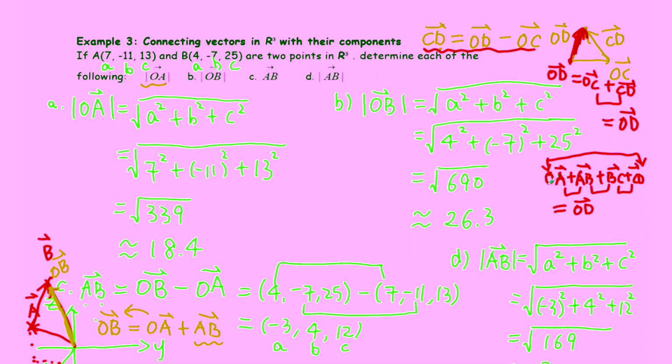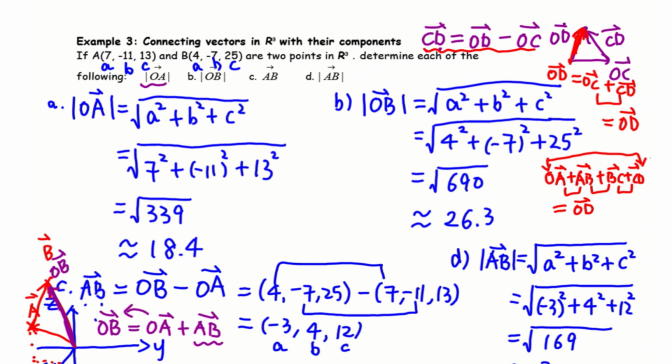We only have the first letter and the last letter left, tail to the last head. And if we have 2 different letters, we use the second letter with O minus the first letter with O. The reason is we rearrange it, so OC plus CD, the C's cancel out, we have OD left.